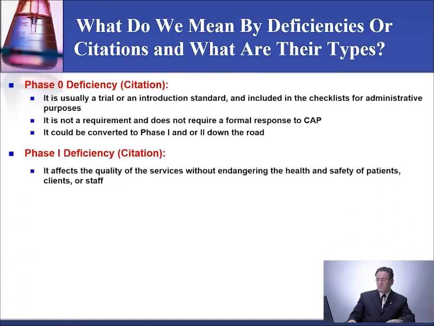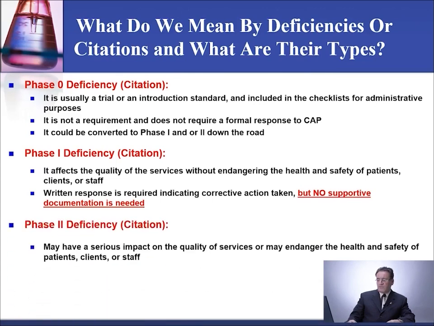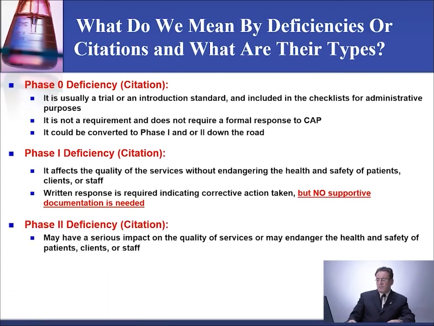A phase 1 deficiency or citation affects the quality of service without endangering the health and safety of patients, clients, or staff. If you get cited for a phase 1 deficiency, you have to respond to CAB saying you fixed it, but you don't have to provide documentation. A phase 2 deficiency or citation may have a serious impact on the quality of service and may endanger the health and safety of patients, clients, or staff.